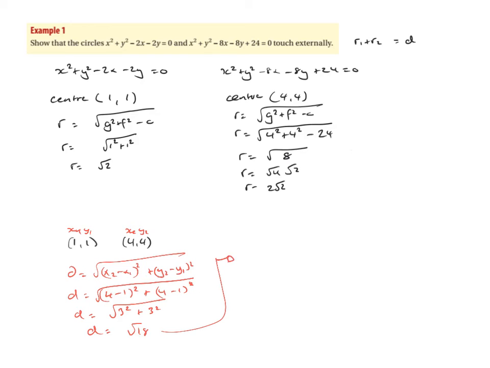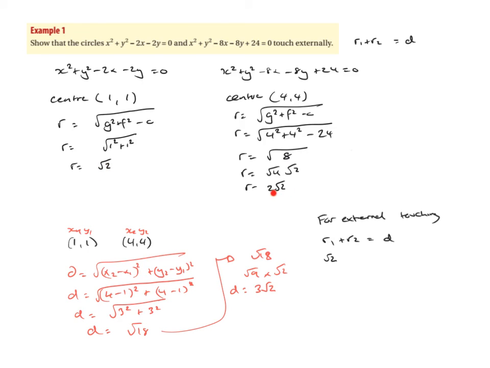Now root 18 we can actually break up as we did before. Root 18 is the same as root 9 times root 2. And we know the answer to root 9. Root 9 is 3, so this is going to be equal to 3 root 2. So the distance between the two centres, let's put d here, is equal to 3 root 2. So we need to show that they touch externally. So for external touching, what we know is that R1 plus R2 must be equal to D. Our R1 is root 2, that's from here.